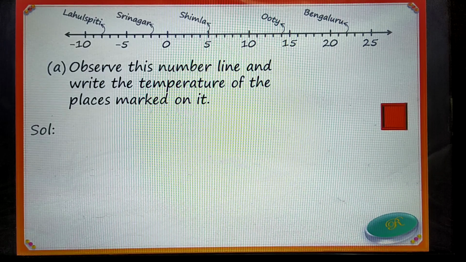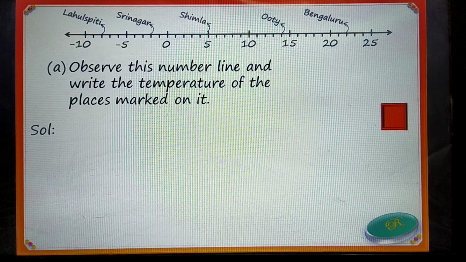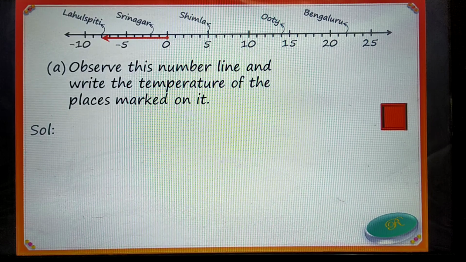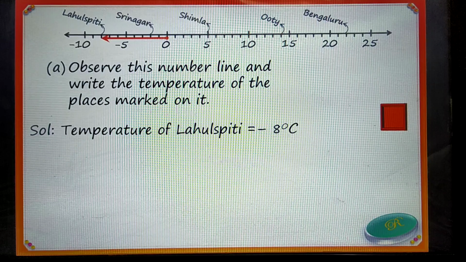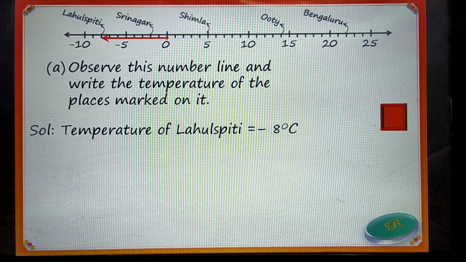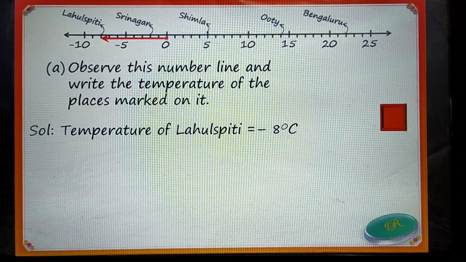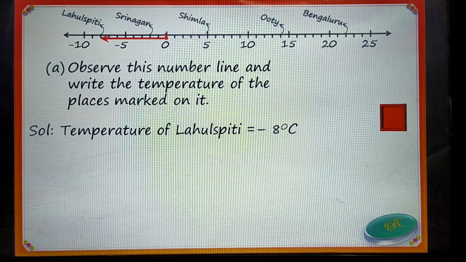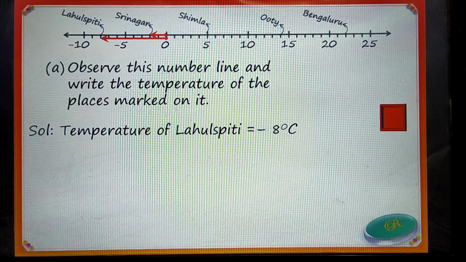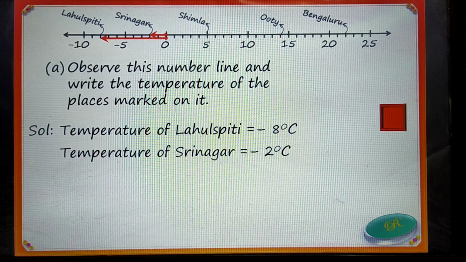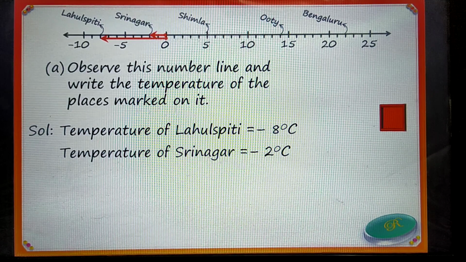Solution. Temperature of Lahaul Spiti is equal to minus 8 degrees Celsius. Temperature of Srinagar is equal to minus 2 degrees Celsius.